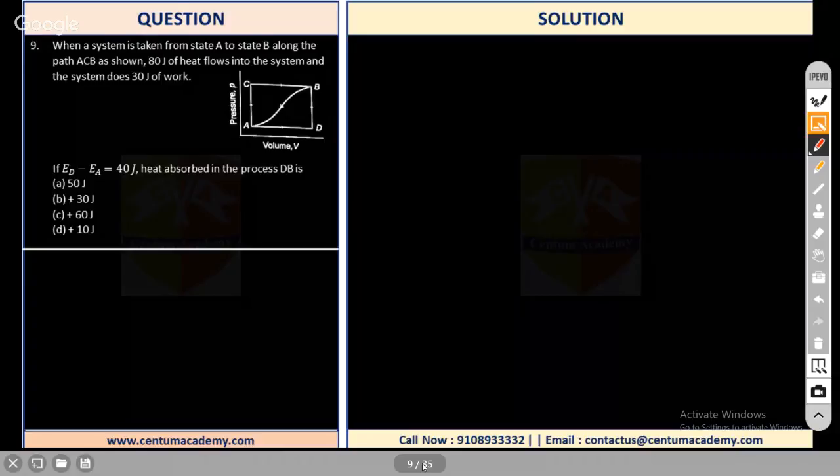So first of all, you find out what is the change in internal energy when the system goes from D to B. We have to find out the heat absorbed, means Q you have to find out. Del E you can get easily because from A to B you have A to D given, so you can find out D to B. So find out the internal energy from D to B, and then use the first law of thermodynamics.